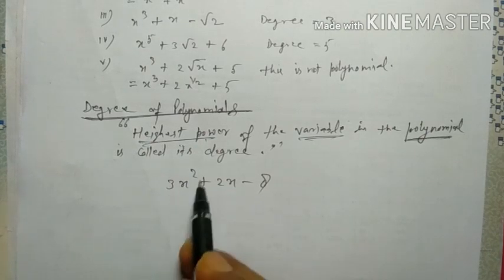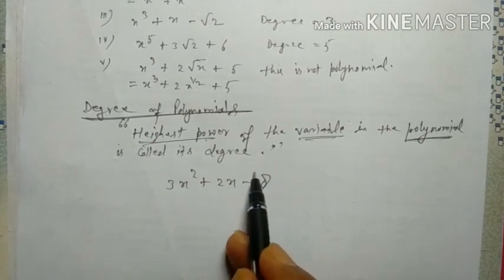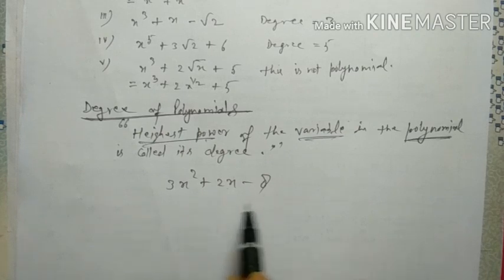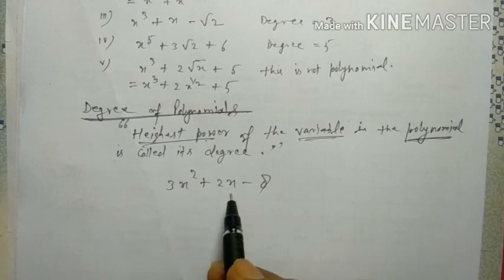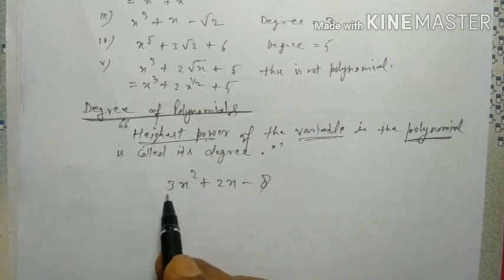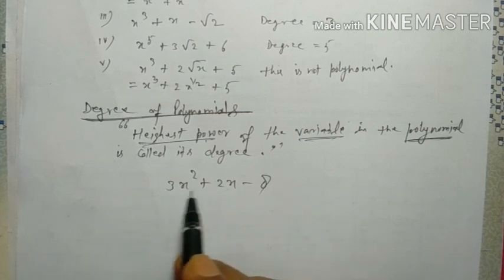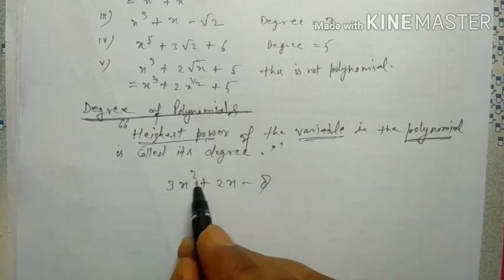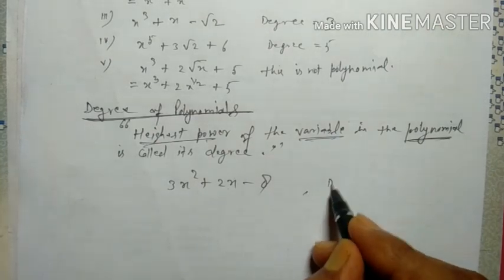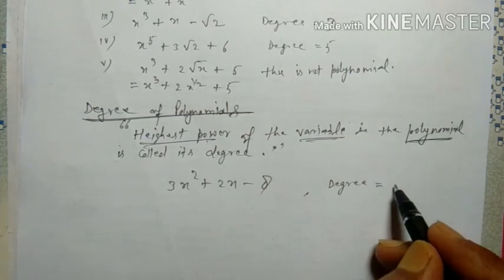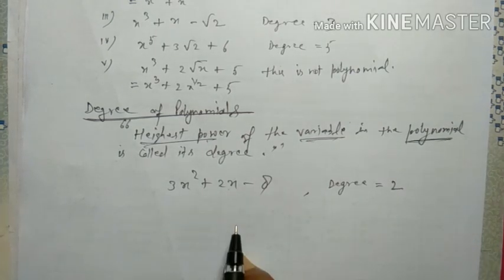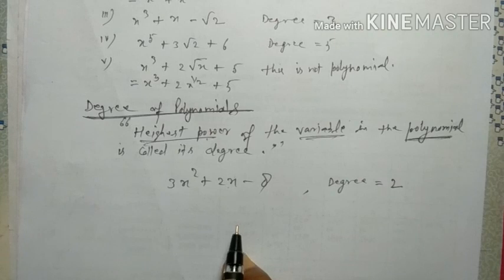There are 3 terms, 1, 2 and 3. 8 is known as the constant, the coefficient of x is 2 and the coefficient of x squared is 3, and the highest power of the variable x is 2, so its degree will be 2.